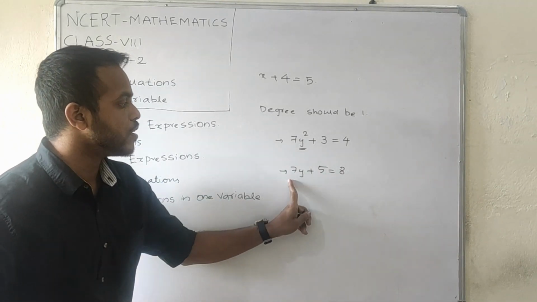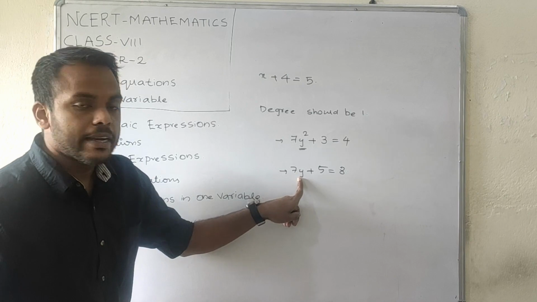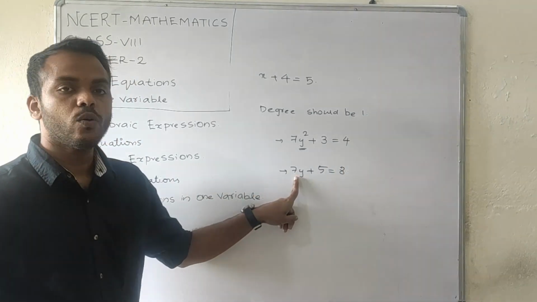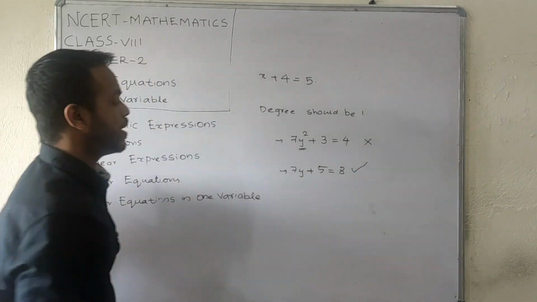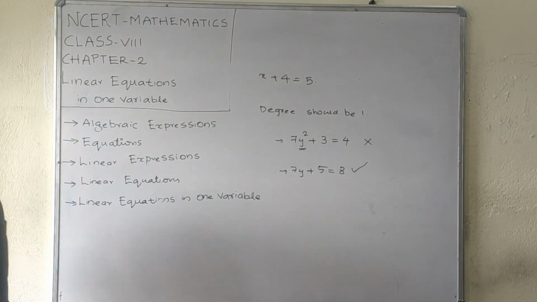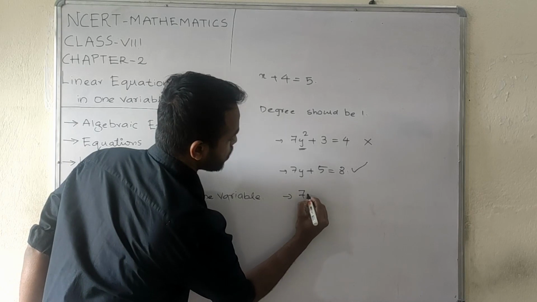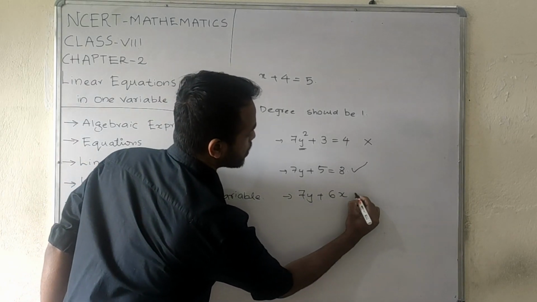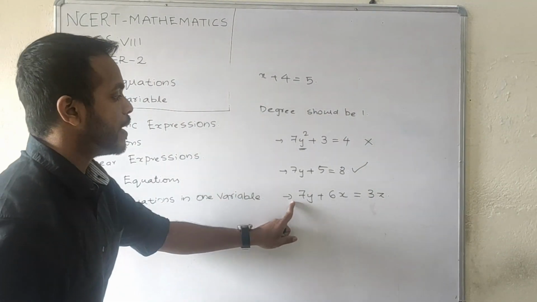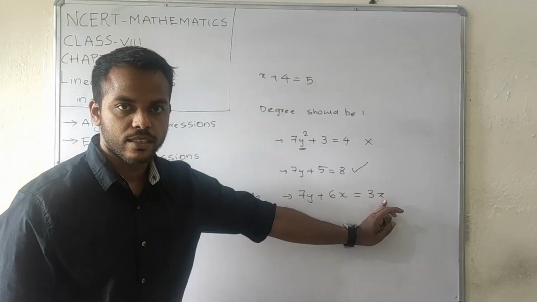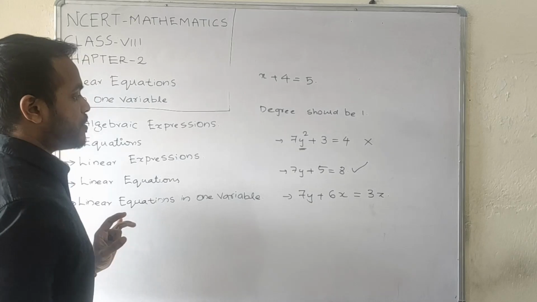Also, the degree of this equation is 1. So, this is clearly an example for linear equation. Another example, 7y plus 6x is equal to 3z. This is clearly an example for linear equation. I hope you understood the difference.